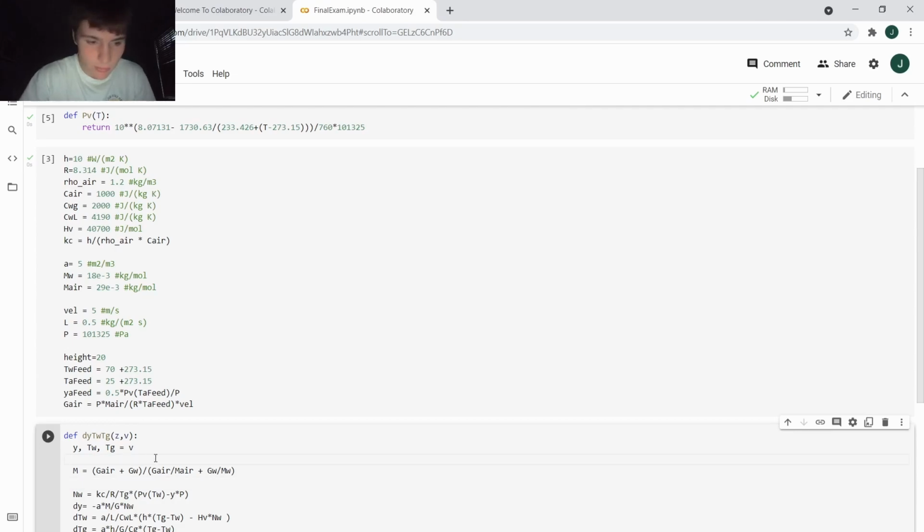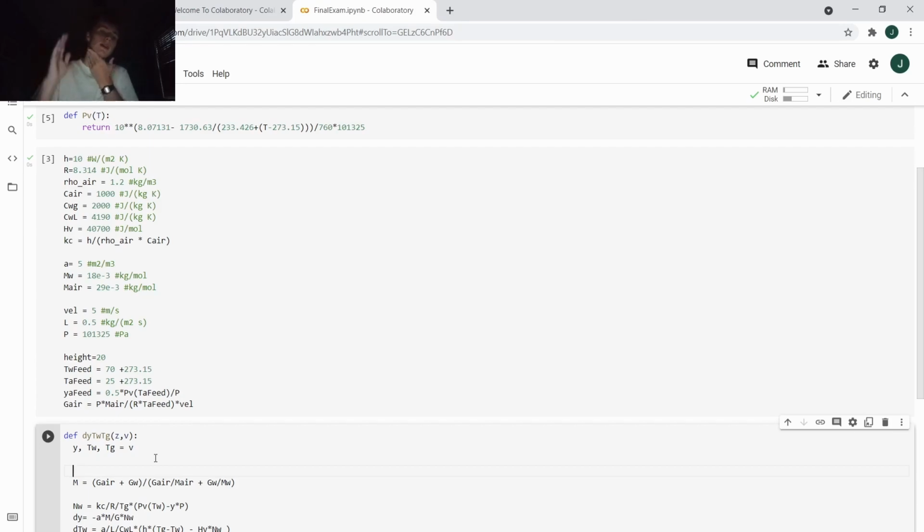So what else do we need? We don't have the flow rate of the water. We can say though that the total flow rate would be the sum of the flow rate of air plus the flow rate of the water.